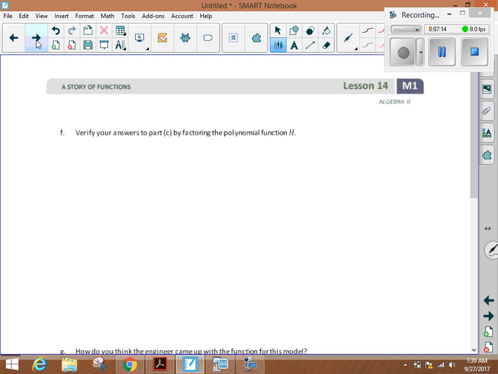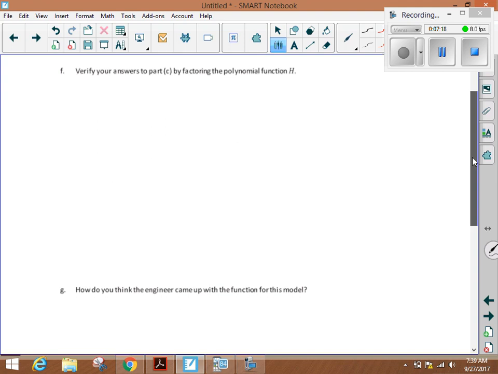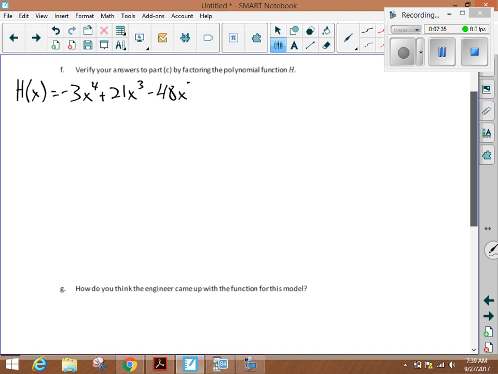Okay, so we are going to factor the polynomial h, and this one is interesting. So we have that h of x is equal to negative 3x to the 4th power plus 21x to the 3rd minus 48x squared plus 36x.